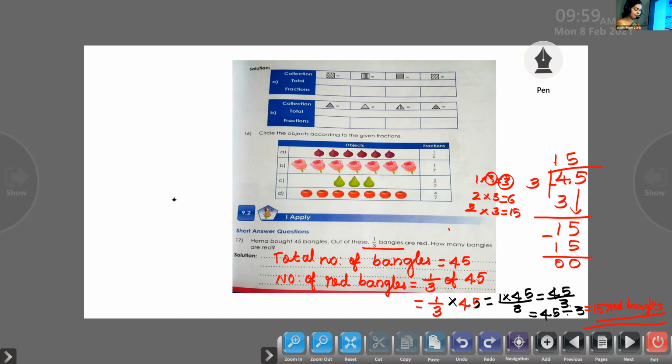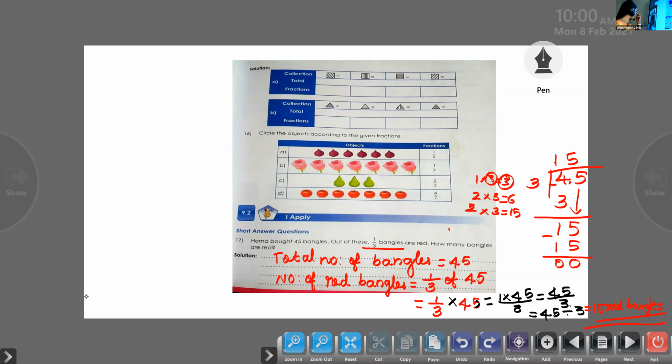How many ice creams are of vanilla flavor? So total how many ice creams are there? 16 ice creams. Out of which how many are vanilla? What is the fraction? 1 by 4. 1 by 4 of 16 is vanilla.